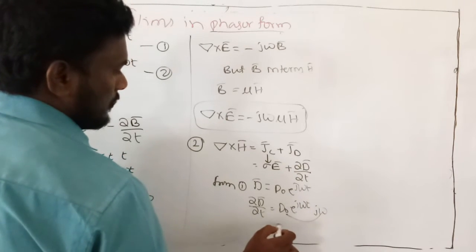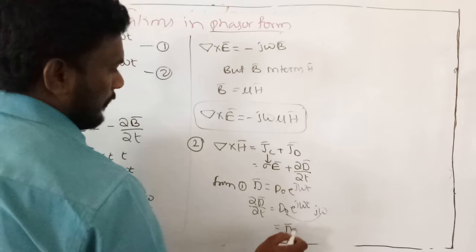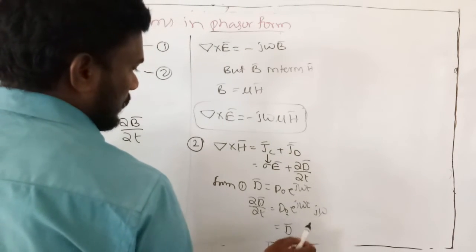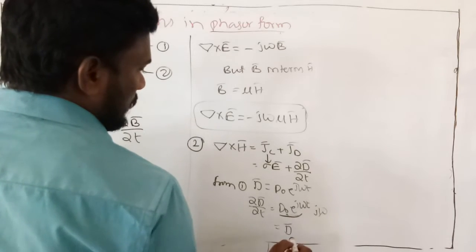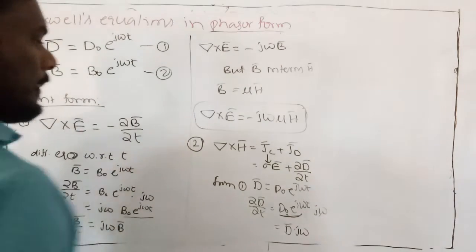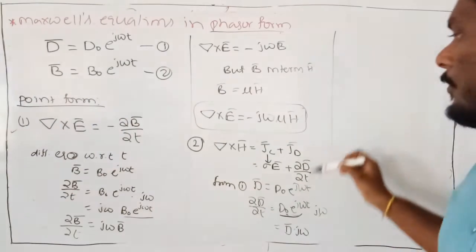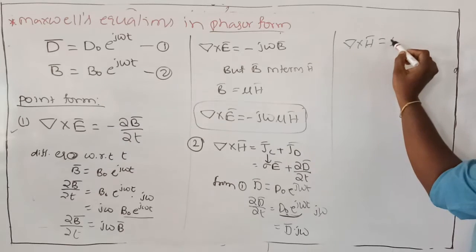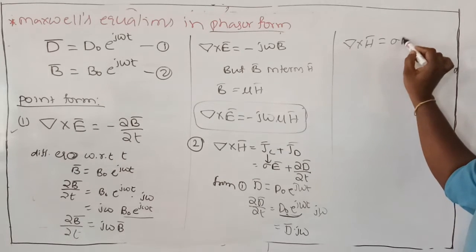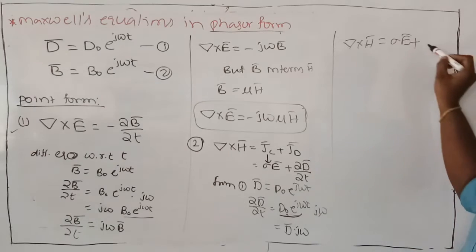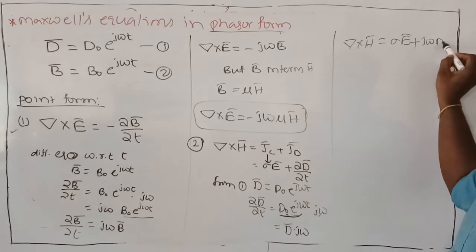These two terms constitute D bar, so it is j omega D bar. Now again I am substituting the value here, that is curl H bar is equal to sigma E bar plus ∂D bar by ∂t, which is j omega D bar.